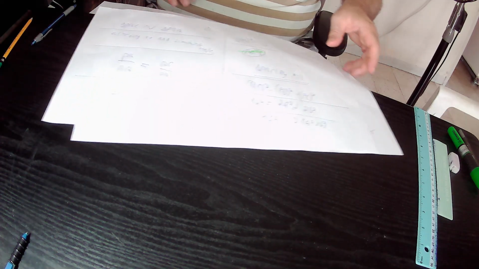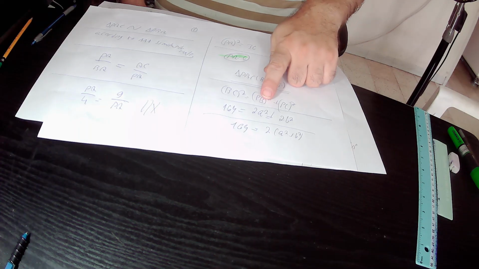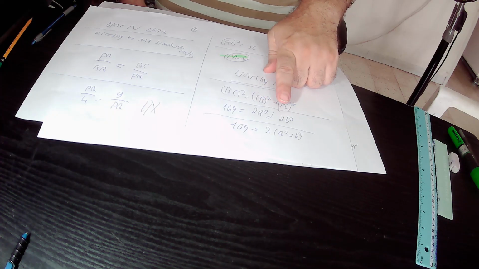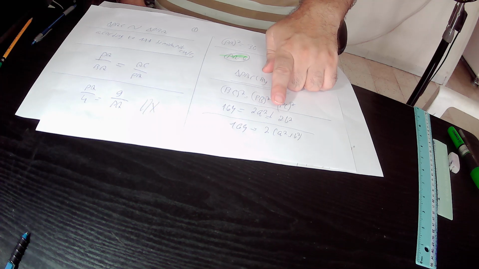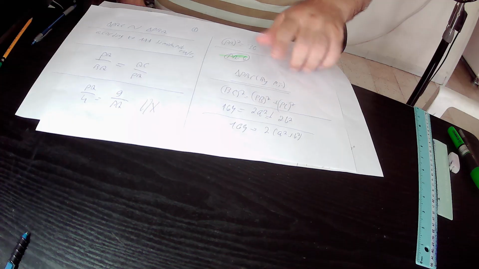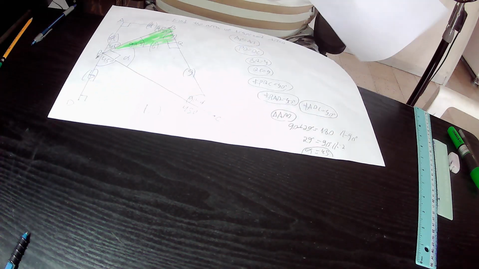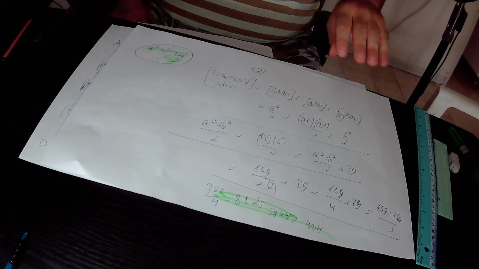So in total, 169 equals 2a squared plus 2b squared. Here we took out 2 as a common factor, so inside the brackets we have a squared plus b squared. So 169 equals 2 times a squared plus b squared. Here we divided this equation by 2 and finally found out that a squared plus b squared equals 169 over 2.